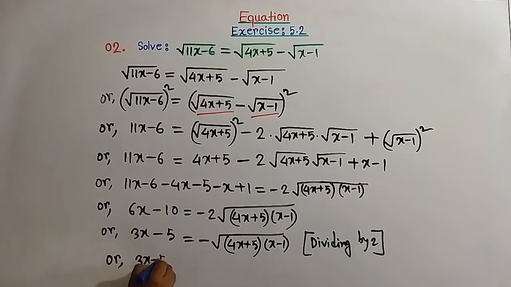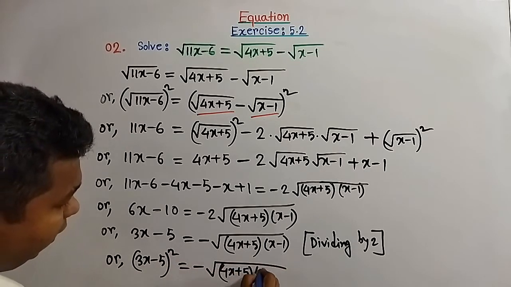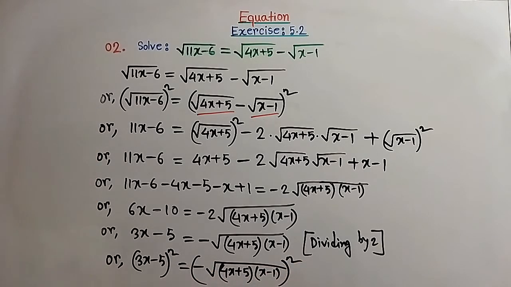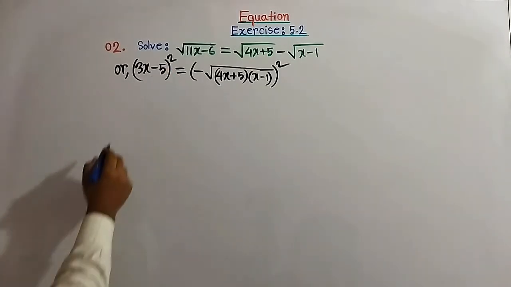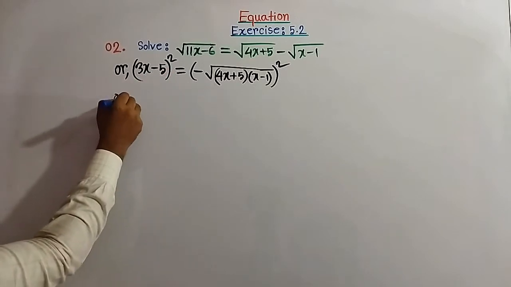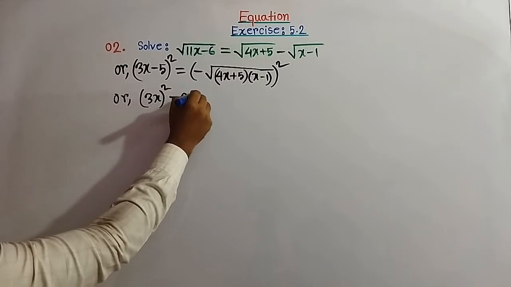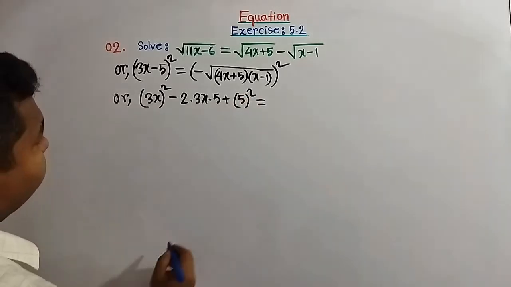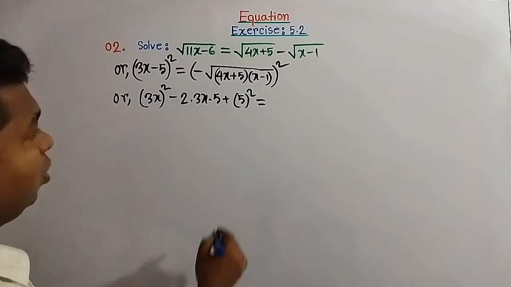So (3x − 5)² equal to (−√((4x + 5)(x − 1)))². Now we have to solve this equation. Here (3x − 5)², using the (a − b)² formula, we can write this as a² − 2ab + b², equal to, here (−√((4x + 5)(x − 1)))².